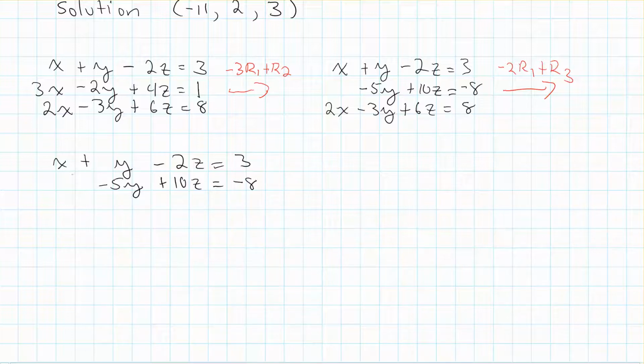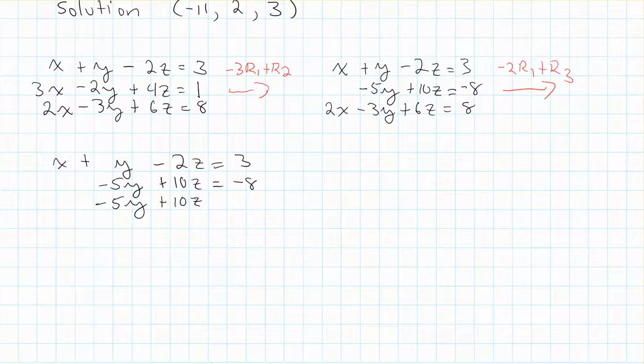And then, of course, -2 plus 2 is 0. Then I'd have -2 plus -3, so that would be -5y. And then I'd have -2 times -2, which is 4. 4 plus 6 is 10, so plus 10z.